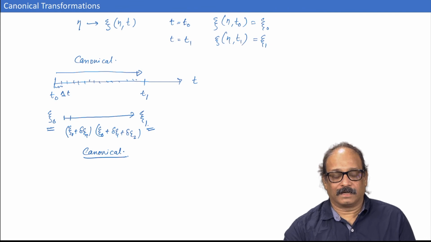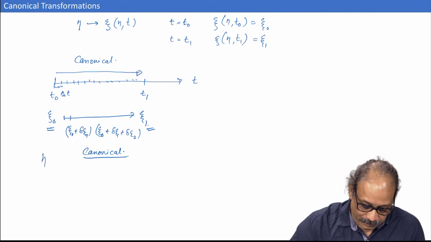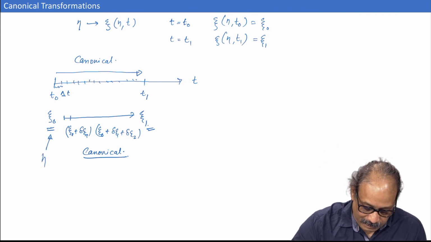And then you can look at it like this. You are going from eta to xi 0 and then you are going from eta to xi 1.